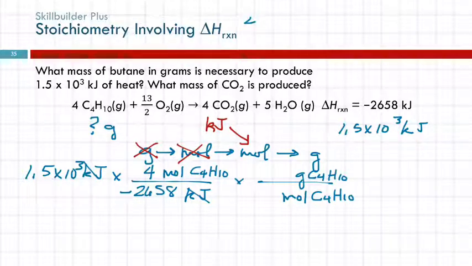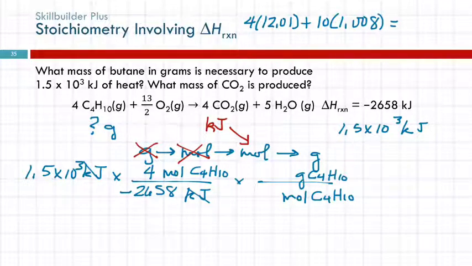I'll do it up here, 4 times 12.01 plus 10 times 1.008 equals 4 times 12.01 plus 10 times 1.008, 58.12. So 58.12 grams of butane per every mole.